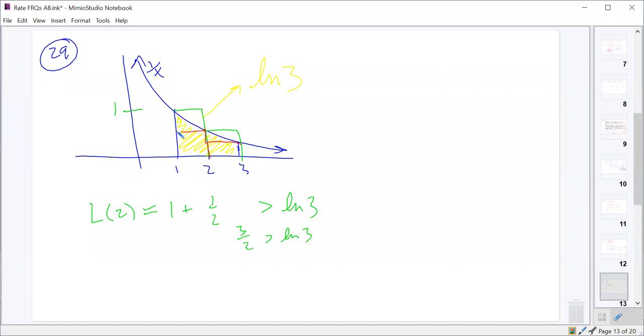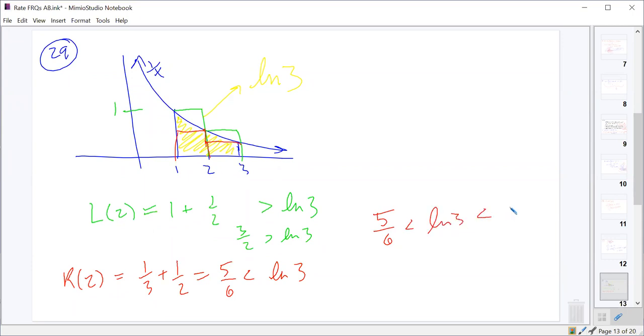Our right Riemann approximation looks like this, which is clearly less than the actual value of natural log of 3. That's 1/3 plus 1/2, which is 5/6, and that must be less than the natural log of 3. So that tells us that 5/6 is less than ln 3, which is less than 3/2.